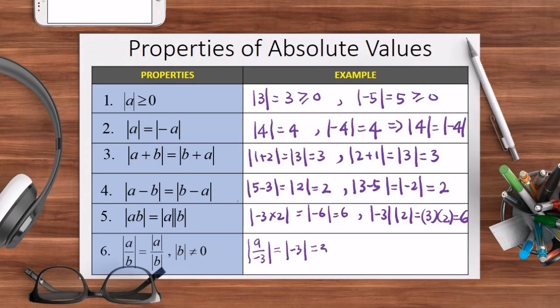Then we get 3. If we find absolute value of 9 divided by absolute value of negative 3, then we get absolute value of 9 is 9 divided by absolute value of negative 3 is 3. Then we get 9 divided by 3 is 3. Finally, we get 3. Then we can conclude that absolute value of 9 divided by negative 3 is equal to absolute value of 9 divided by absolute value of negative 3.